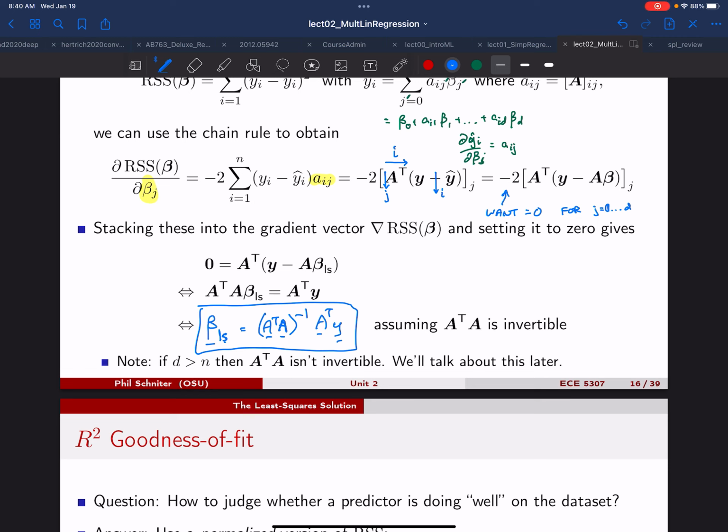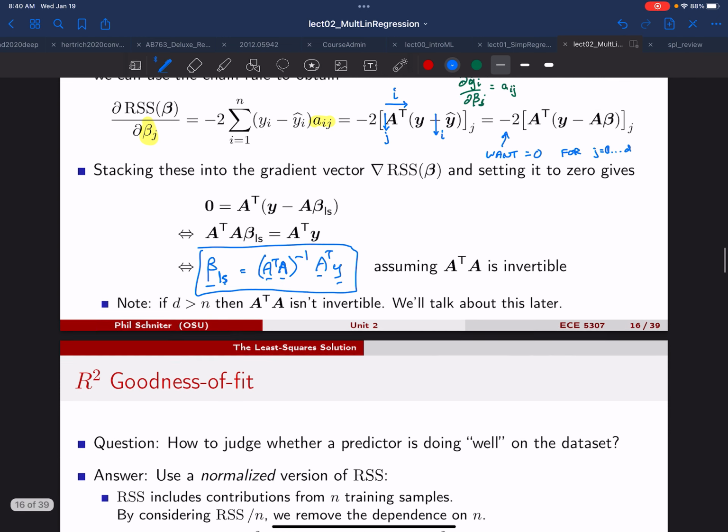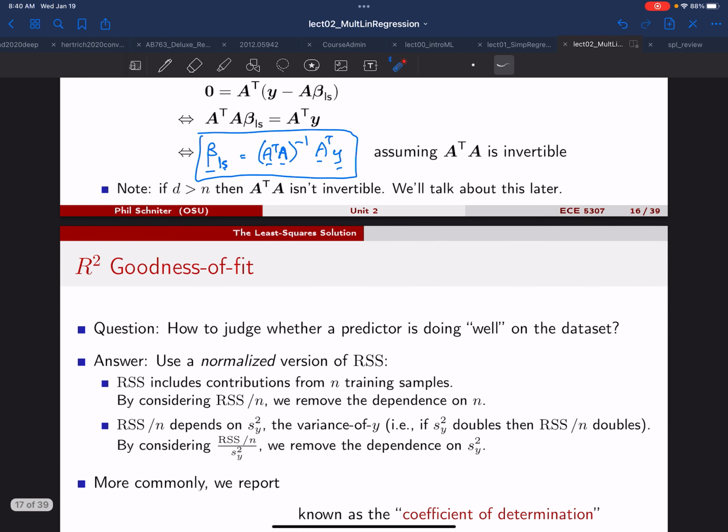So that dependence on n is a little bit annoying. It would help if we just divided RSS by n so that the resulting quantity does not scale with n. Similarly, RSS grows with the scale of y, with the variance of y. So that motivates us to divide RSS by n and the variance of y.